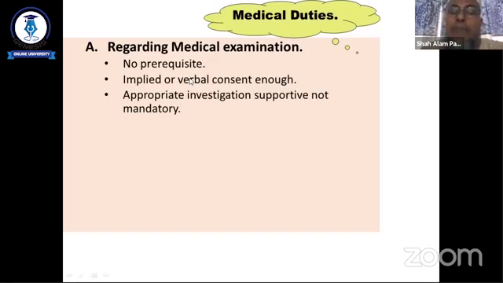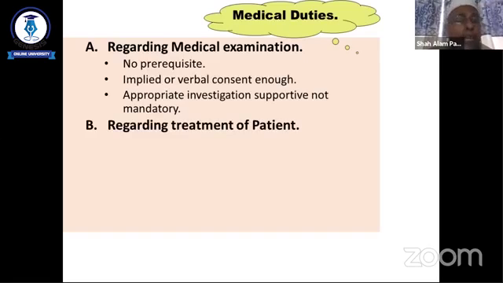Appropriate investigation is supportive, not mandatory. Hence, regarding duties of a doctor in medical examination, no prerequisite is required. Implied or verbal consent is enough, but if you want to examine a private part, you can take express verbal consent. Now come to the treatment of the patient. This is very much important.